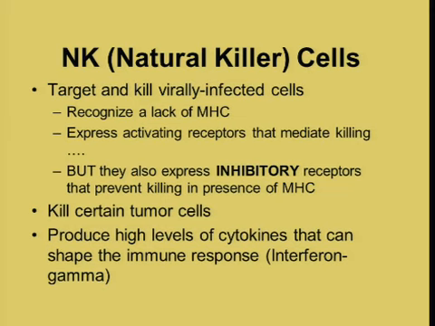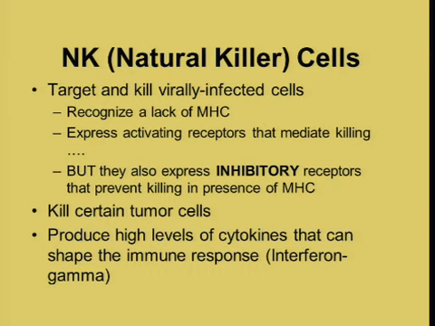So a virus-infected cell will express viral components. NK cells are able to recognize these viral components and kill the cell that is infected by the virus before that cell has the chance to bud out the virus that infects other cells.